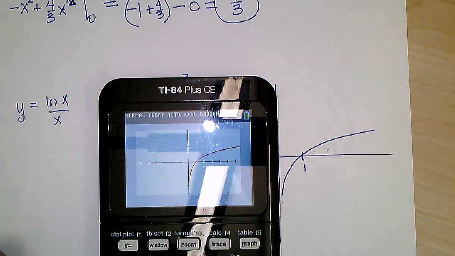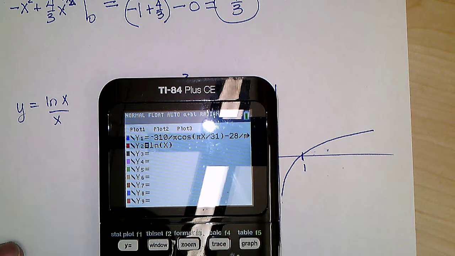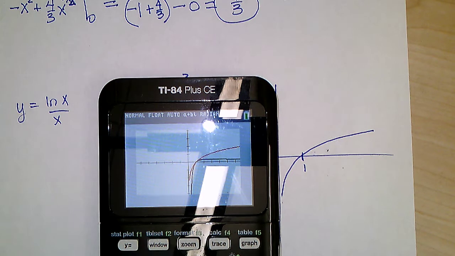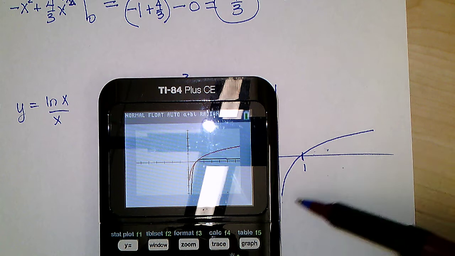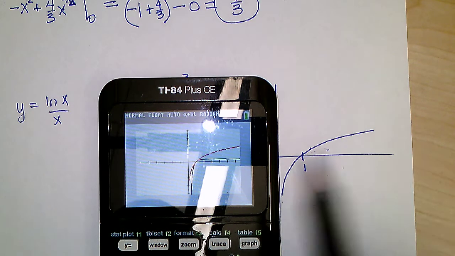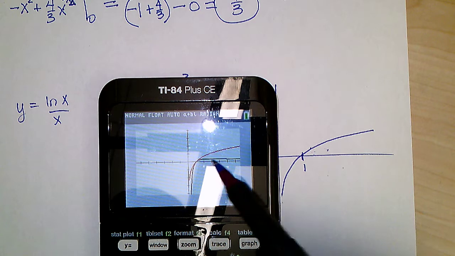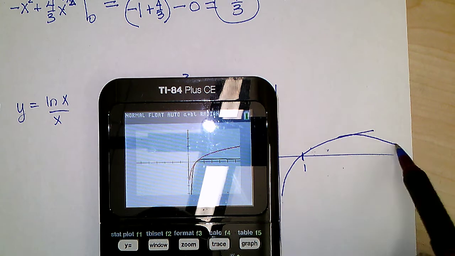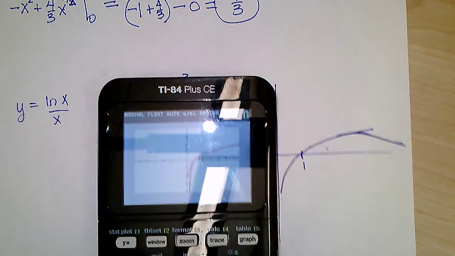That's what ln x looks like. Now let's divide it by x. ln x divided by x. Okay, so it lowered the part in here and raised that up here, but it basically goes through there. And this part goes up and then it starts coming down. So it actually comes down out here.